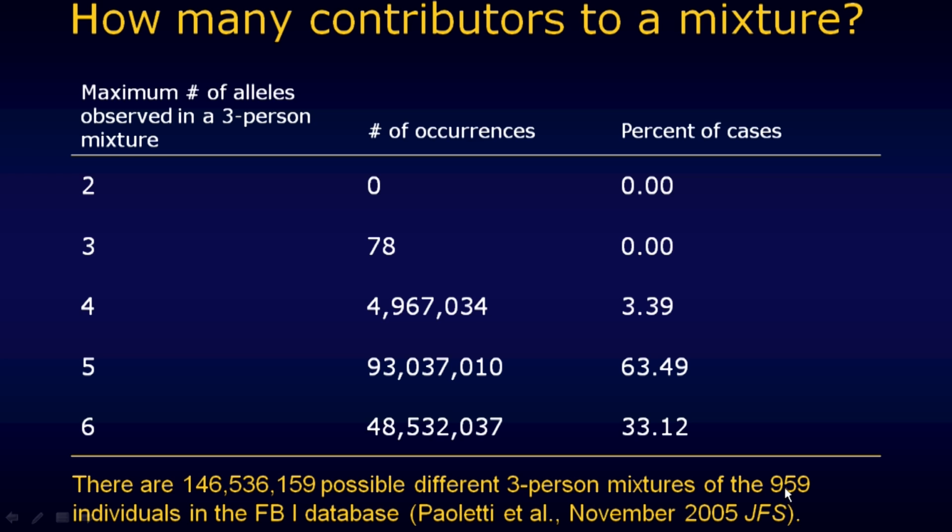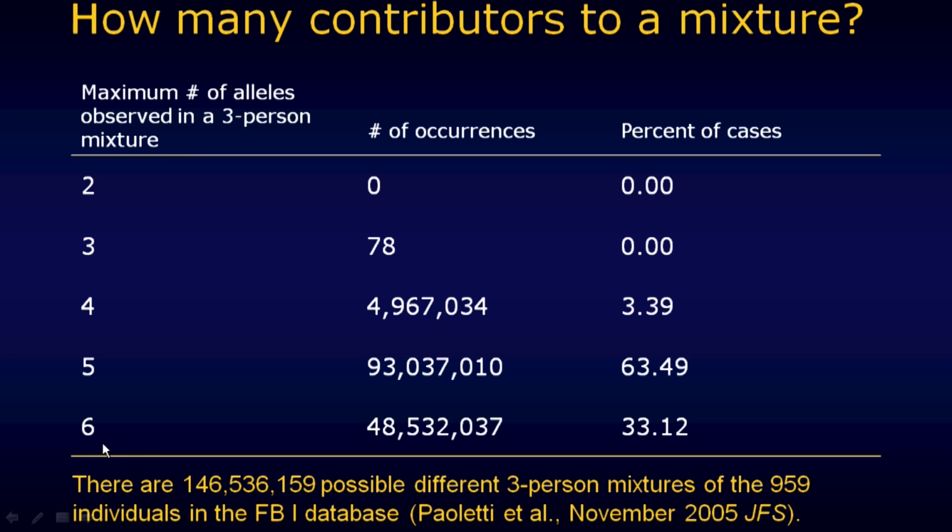The question then was, what would we see in terms of the maximum number of alleles seen in those mixed DNA profiles at any of the loci for which we had information? In this instance, it would be 13 different loci that were being examined.